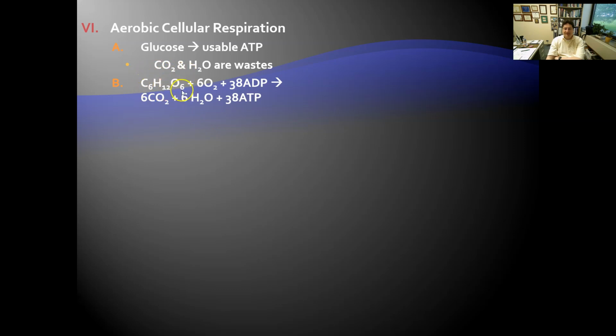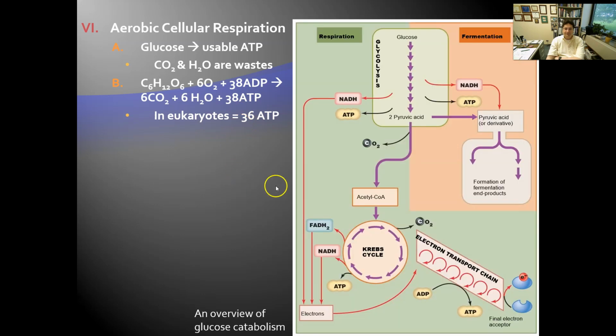Glucose is C6H12O6. We're going to add oxygen, and we're going to start with 38 ADP. From that, I'm going to make 38 ATP, energy, but I'm going to release water, and I'm going to release carbon dioxide. In eukaryotes, you can only make 36, just for completeness.